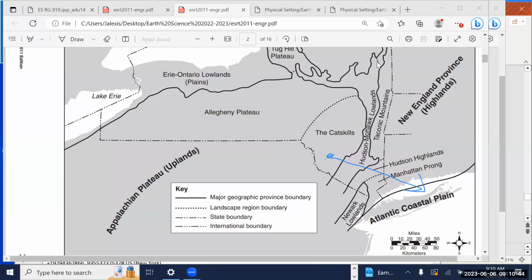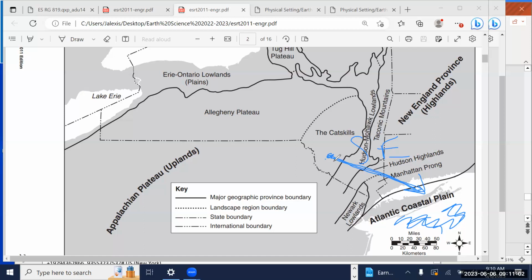What compass direction am I pointing towards, right? If all this represents the Atlantic Ocean, it's pointing southeast, right?